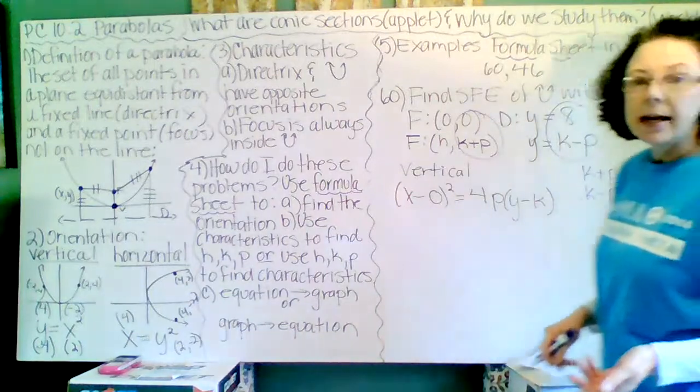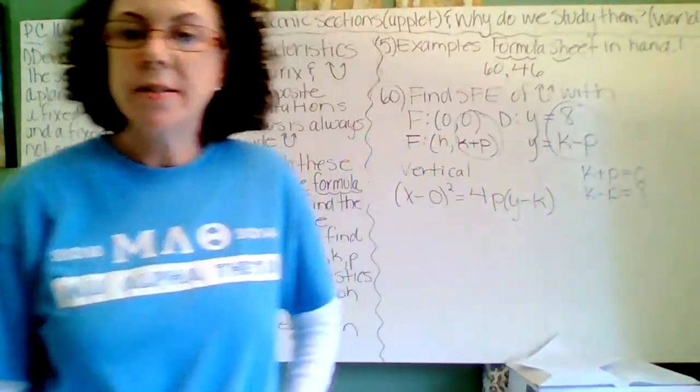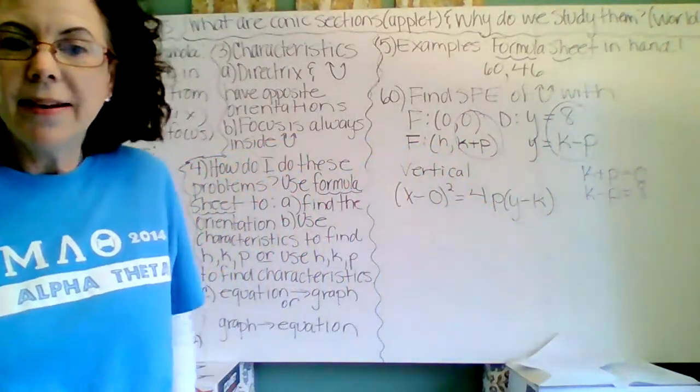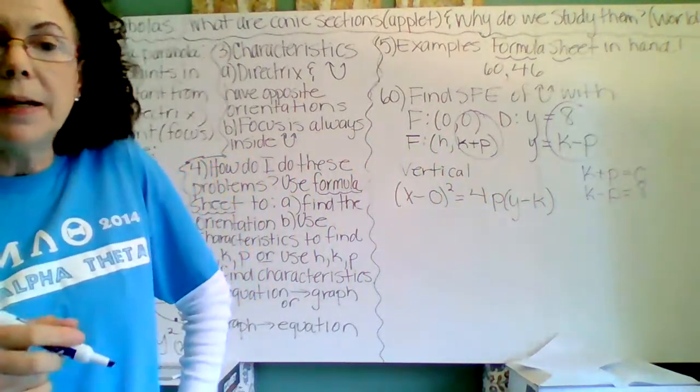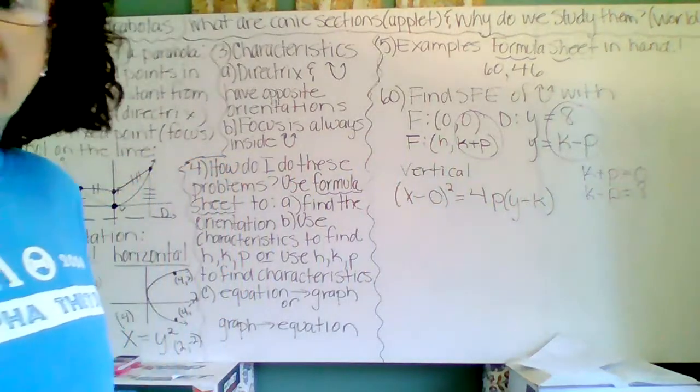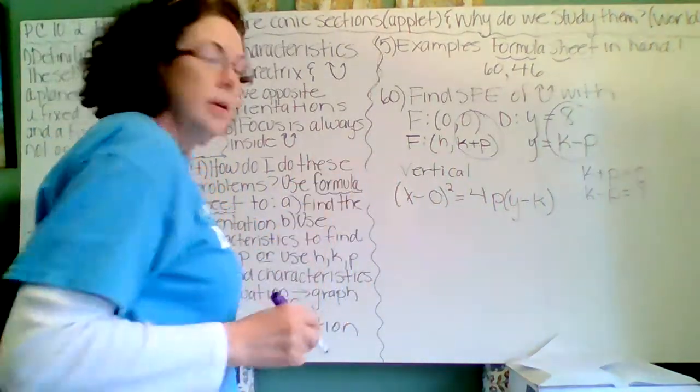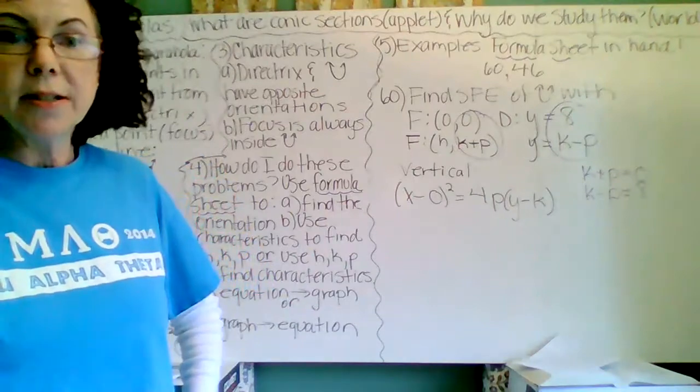So it looks like I have a system of equations to solve. I'm going to solve for p and for k, and then I want to talk a little bit about using logic rather than systems, which actually sometimes you need, but a little logic helps also.